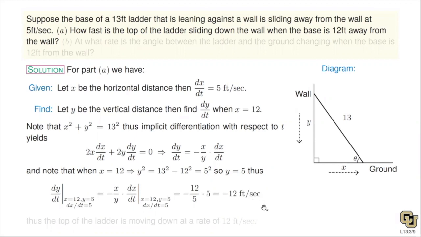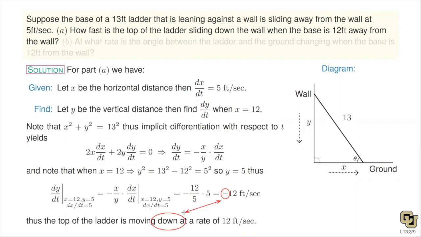So now here I want to be a little bit careful. I say thus the top of the ladder is moving down at a rate of 12 feet per second. I don't say the top of the ladder is moving down at a rate of negative 12 feet per second. That would be a double negative. When I say down here, that's because there's a minus sign here. And I want you to think about the derivative as a vector.